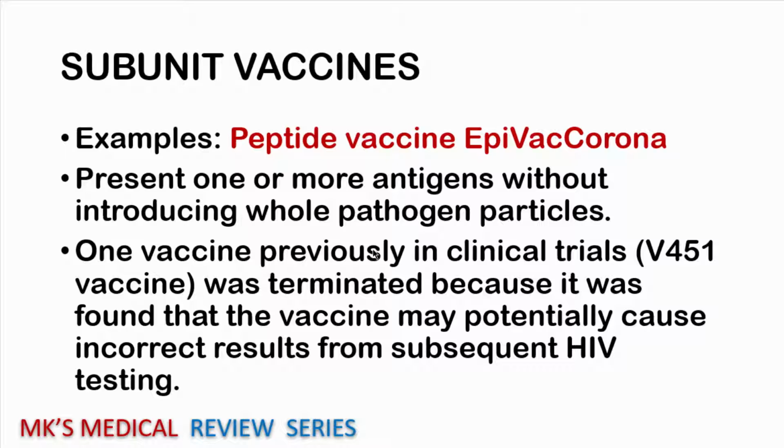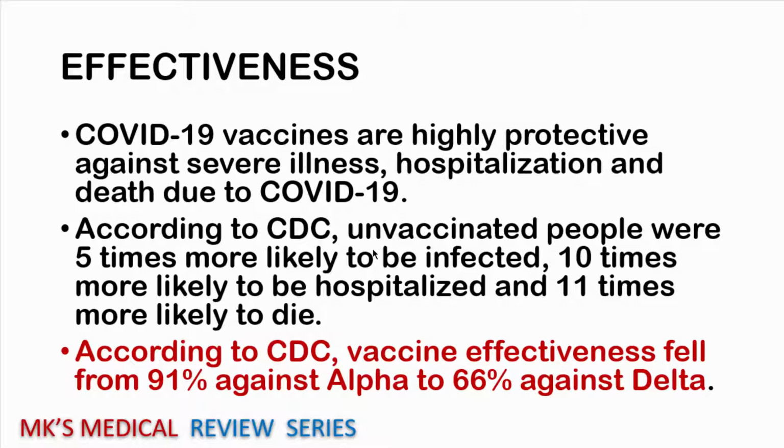Now, there was one vaccine that was undergoing clinical trials, known as the V451 vaccine, and it was terminated. The reason being, they found that patients who received this vaccine had incorrect results. It started to affect the HIV results that were taken after the vaccine was given. So these were terminated, and generally they're not as effective as the other vaccines that we're using currently.